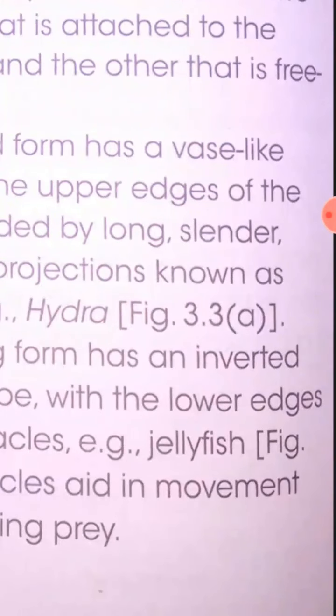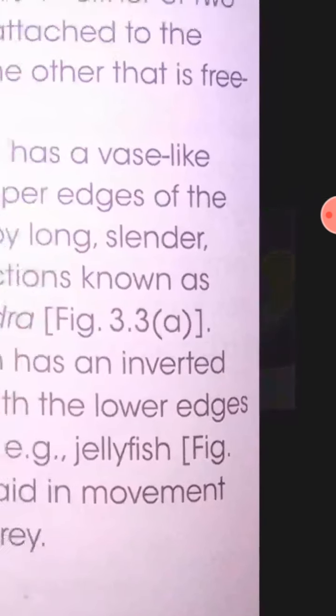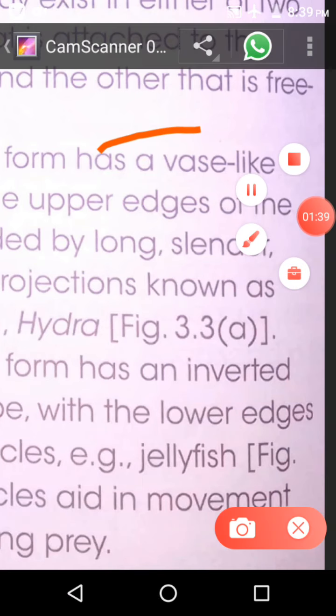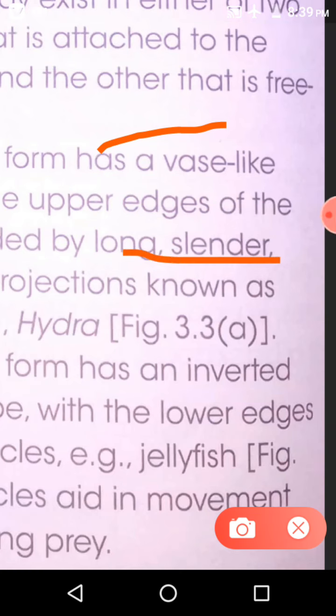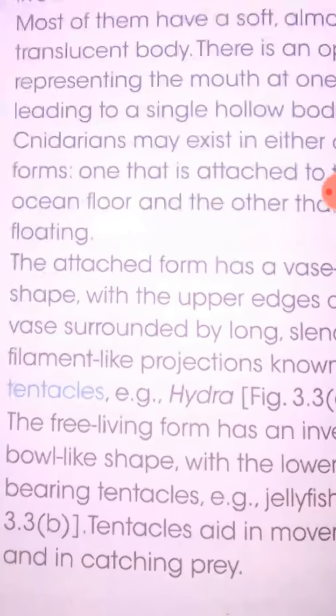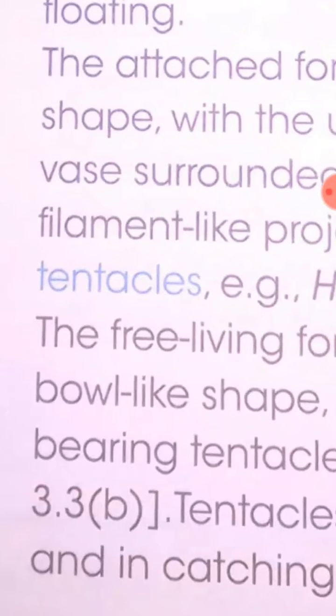Then when we look toward the shape, it is vase-like, and one main characteristic is the long slender projections. These slender projections are known as the tentacles.